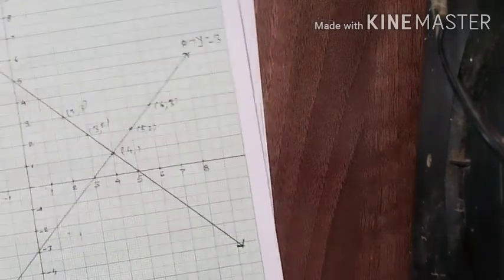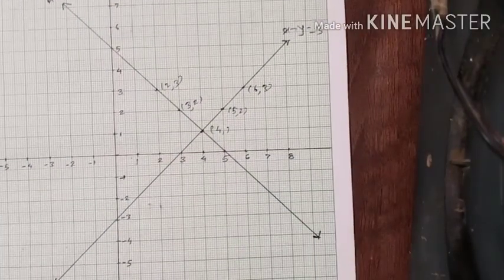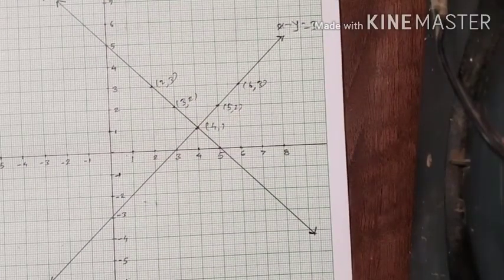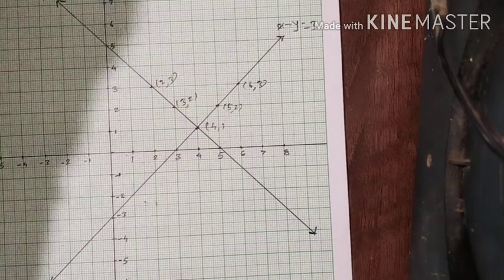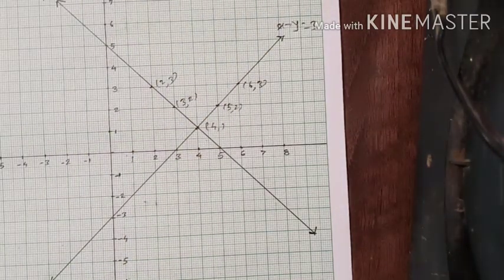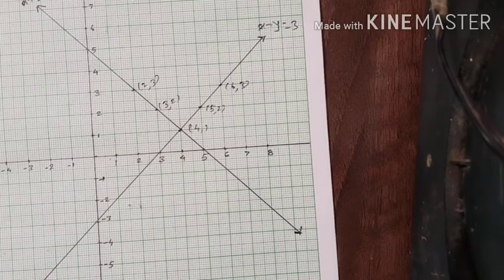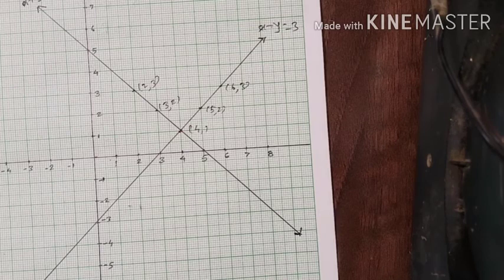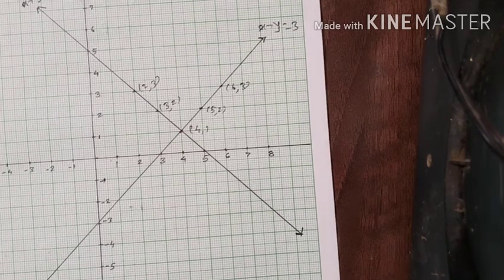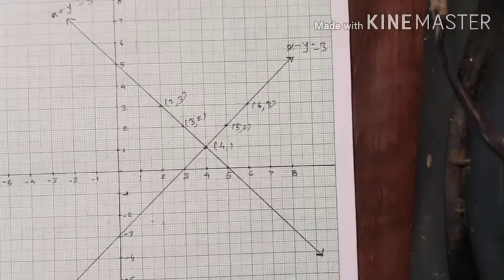In this way, this example is complete, and the last answer we have to write is that these two lines intersect each other. See here, in which point do these two lines intersect each other?